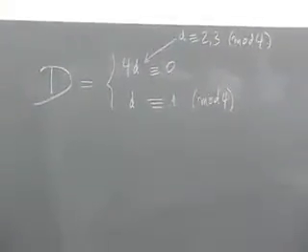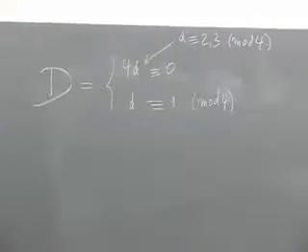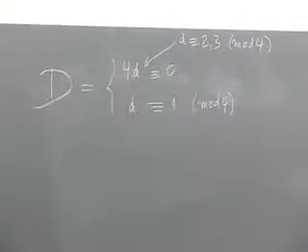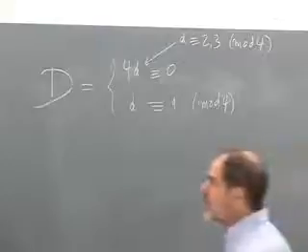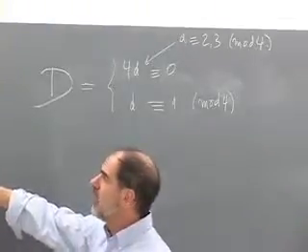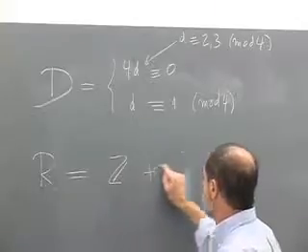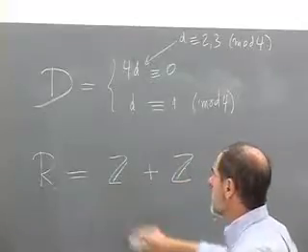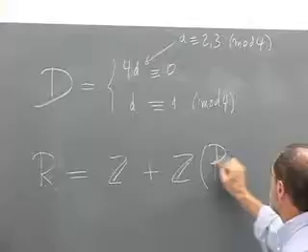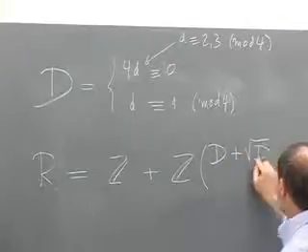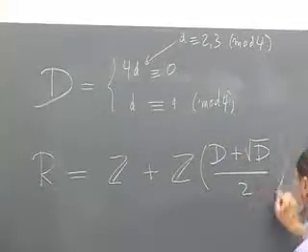So this capital D is either divisible by 4 or has remainder 1 mod 4. And then if you introduce that, there's a uniform way of writing down this ring of algebraic integers. You can write it like this. This is a cute way of doing it. It's all multiples of 1 and all multiples of D plus root D over 2.